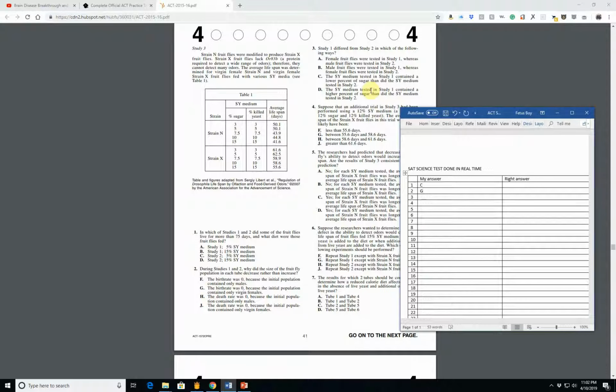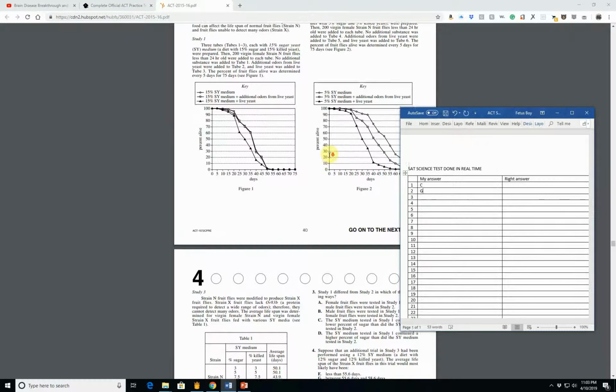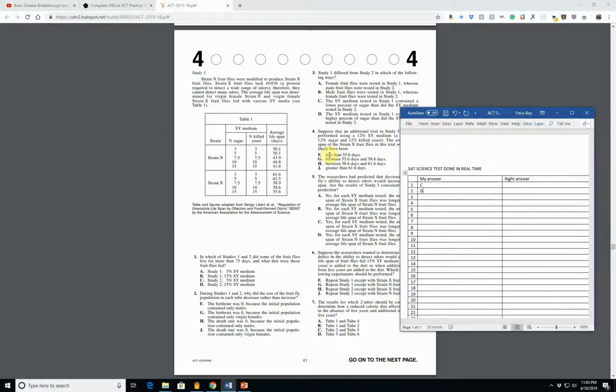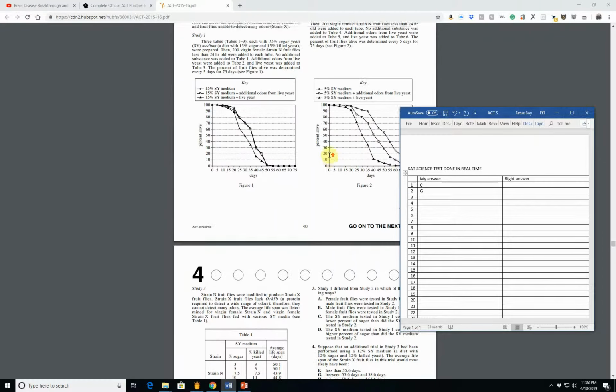Alright, study 1 differed from study 2 in which of the following ways? Female fruit flies were tested in study 1, whereas male, no, that's not it. The SY medium in study 1 contained a lower percent than SY in study 2, no, that's not true. Contained a higher percent of sugar.